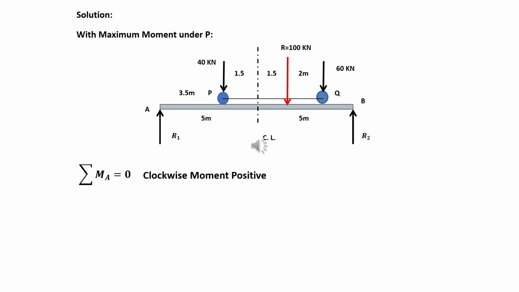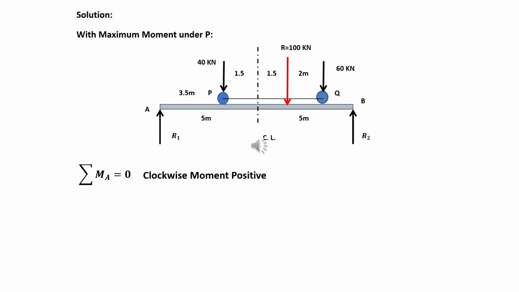Since we take moment at point A, let us observe the resultant force 100 kilonewton. It is 6.5 meters away from point A, and it is a clockwise moment.